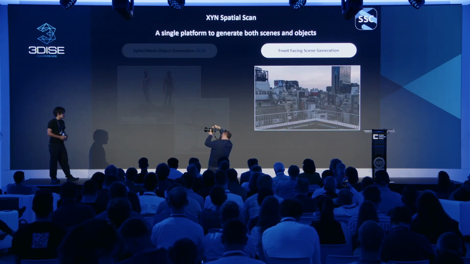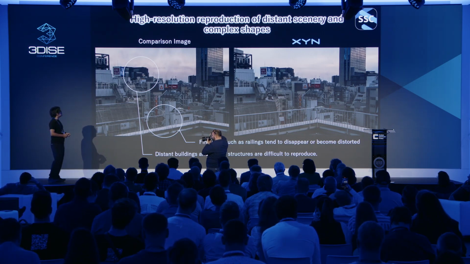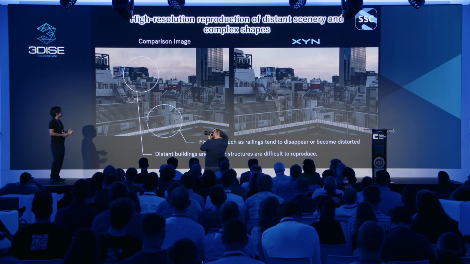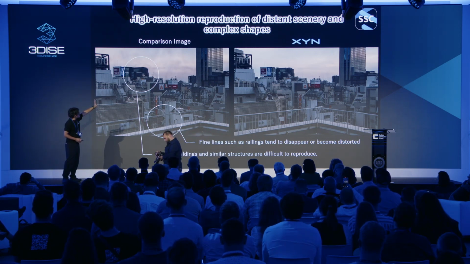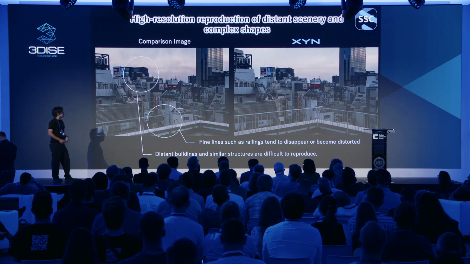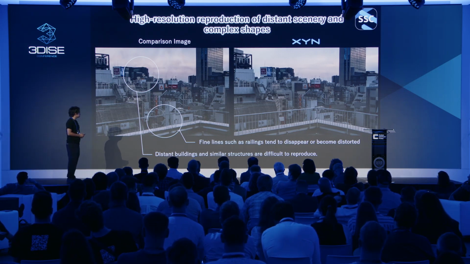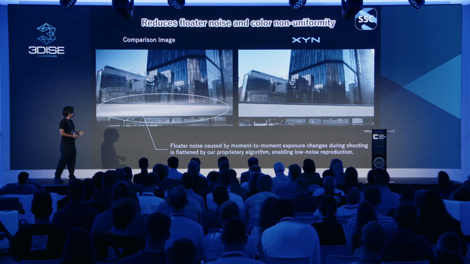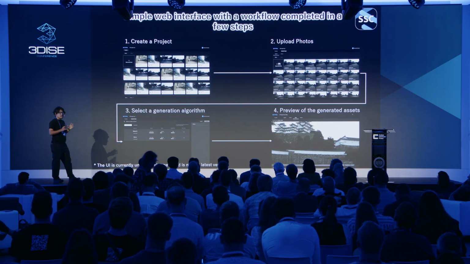For the front-facing scene, this is an example of high resolution reproduction of distant scenes. When you look at the left side and the far distance, using the same input and same images, we recreated the far distance really well, reducing the floating noises like this. And this is really simple.